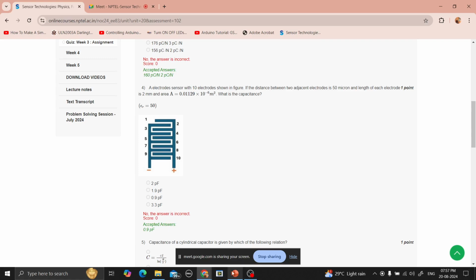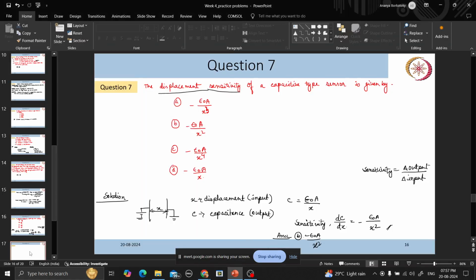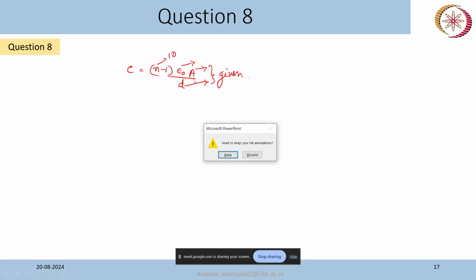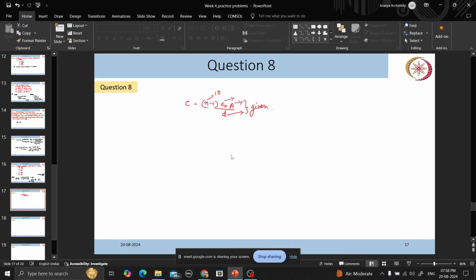The formula will be, just writing it. A is given, D is given, N is 10, these are given, and epsilon naught is the permittivity of free space. Then you can calculate it and you will get the answer. Try it by yourself, but this is the way to solve this question.